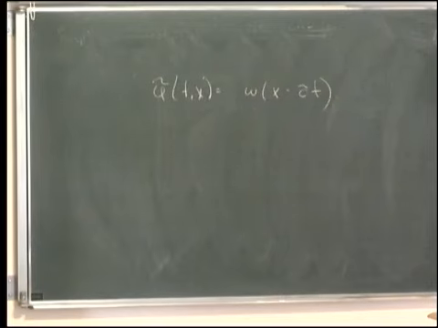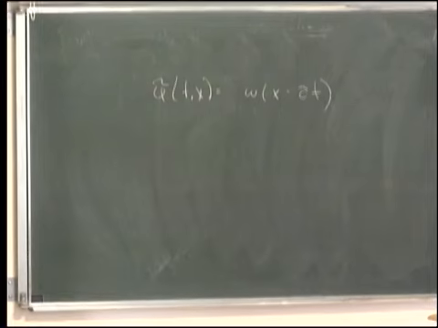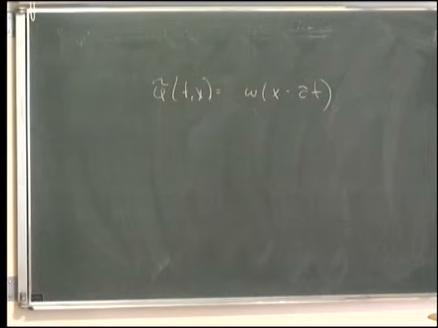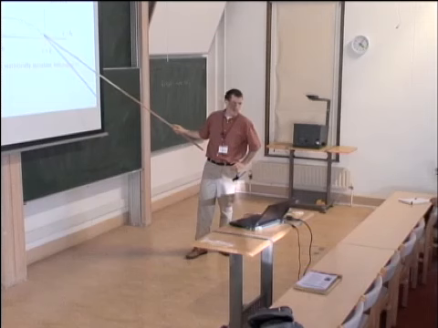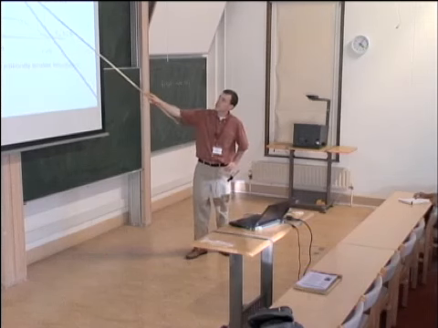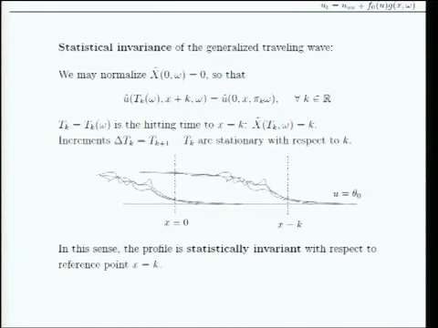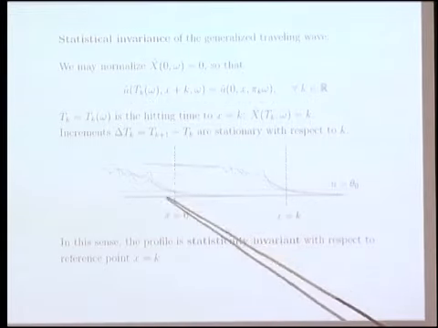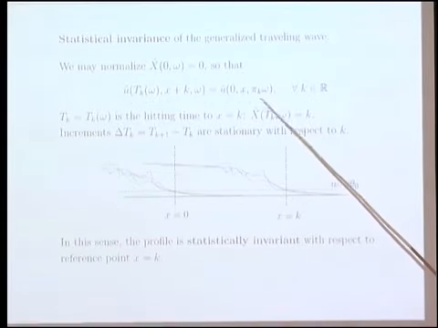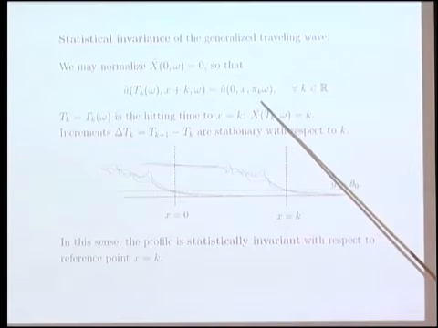So we can normalize the wave so that it's at the origin at time 0. Let me define the hitting time, T_k, as the time at which the interface reaches the point k. So this says that the solution at the time it reaches the point k, in the reference frame centered at k, this ensemble is the same as the ensemble at time 0, centered at 0, up to transformation of the probability space, and pi is measure preserving.